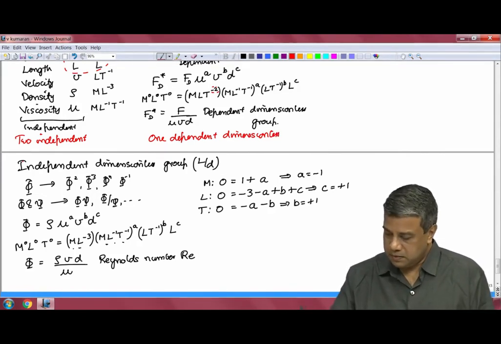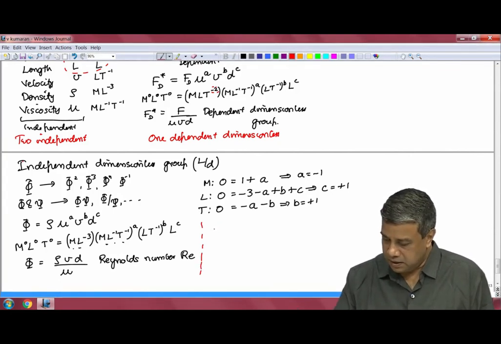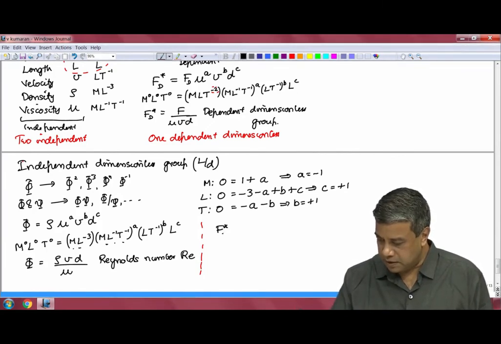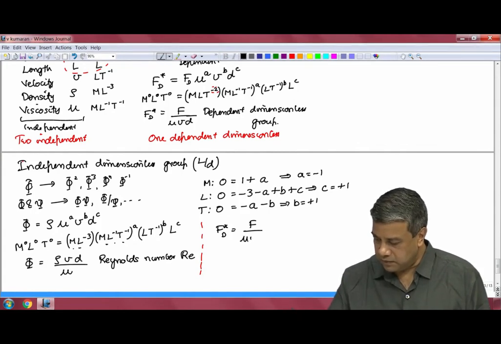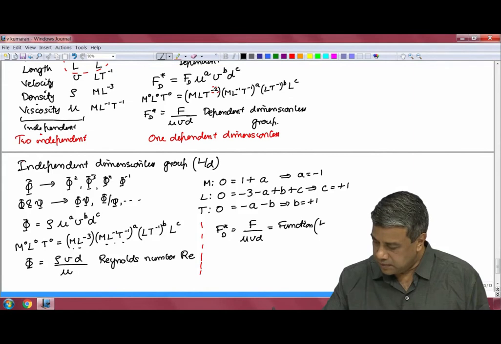So, we now have got our relation between these. The dependent dimensionless group, f star d, is equal to f by mu v d, is equal to some function of L by d and the Reynolds number.